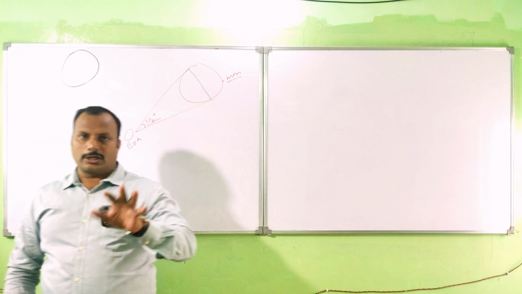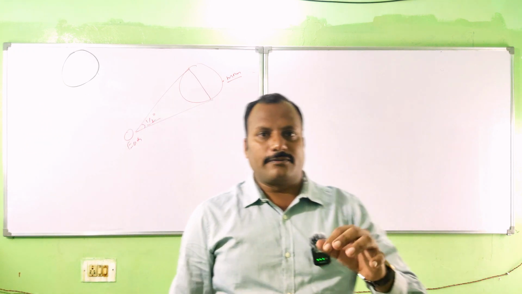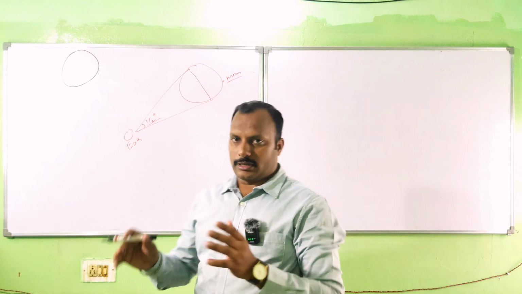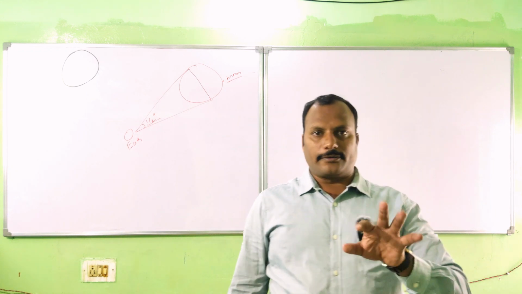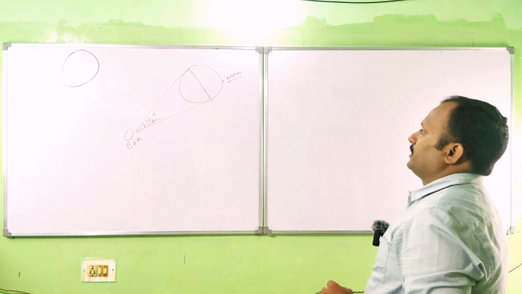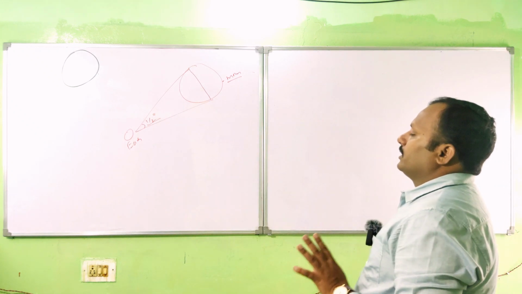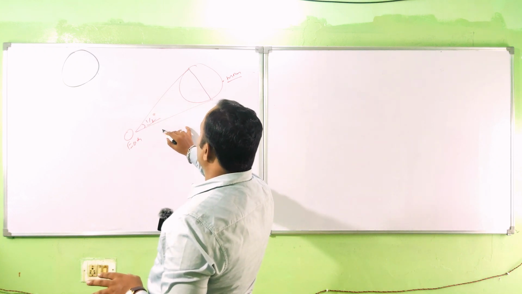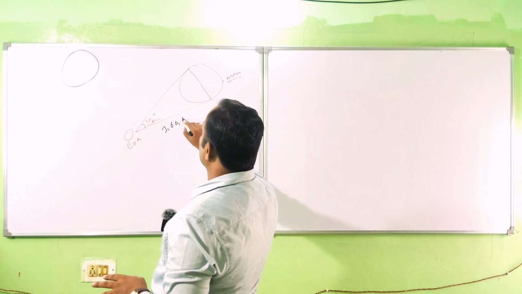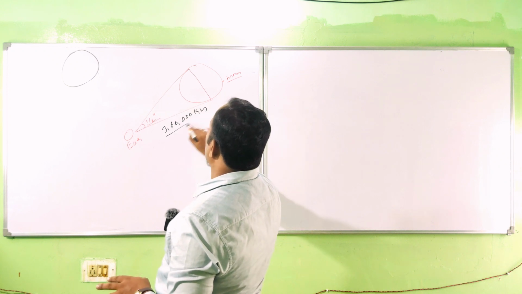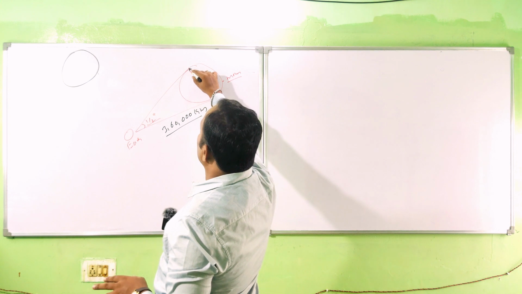This is one of the methods to calculate the diameter. Out of 3 parameters, if you know 2 parameters, you can find the third remaining parameter. They have given theta, and the distance is 360,000 kilometers. We want to find the diameter.